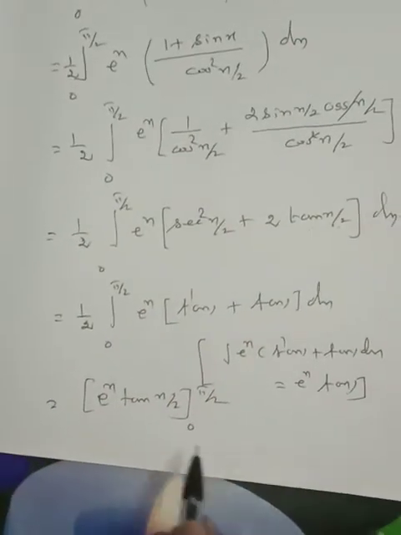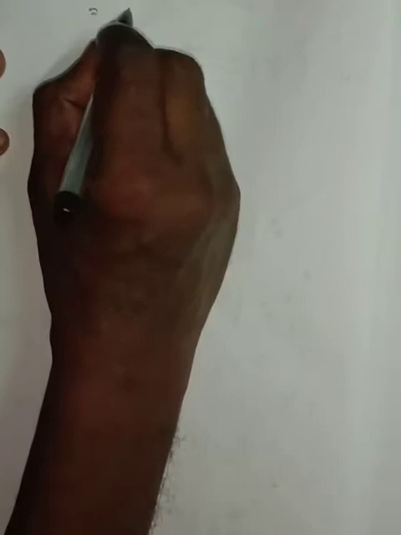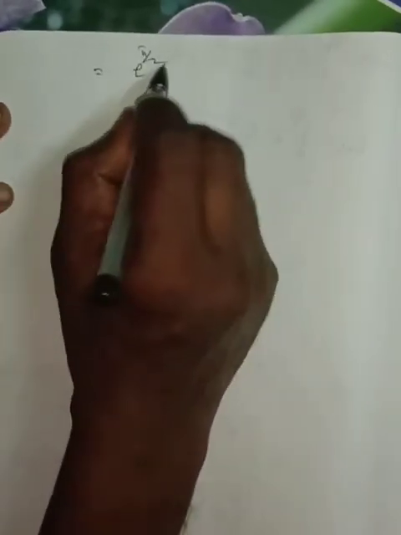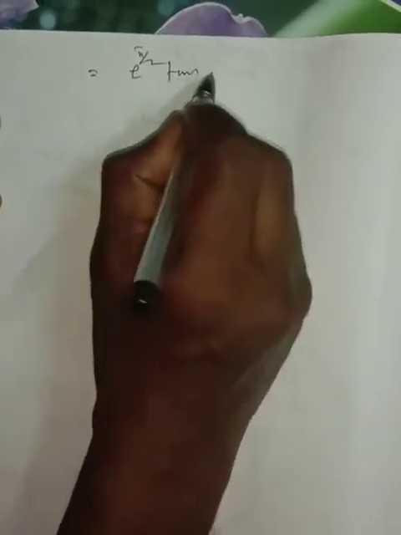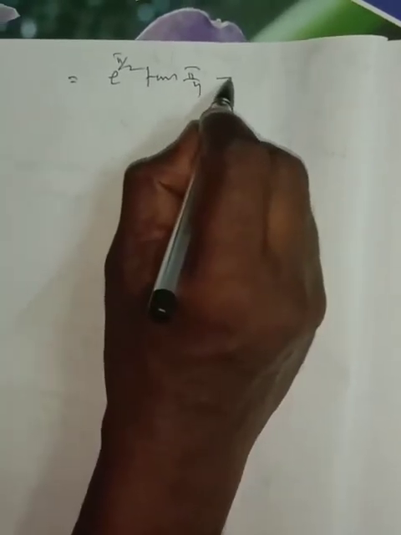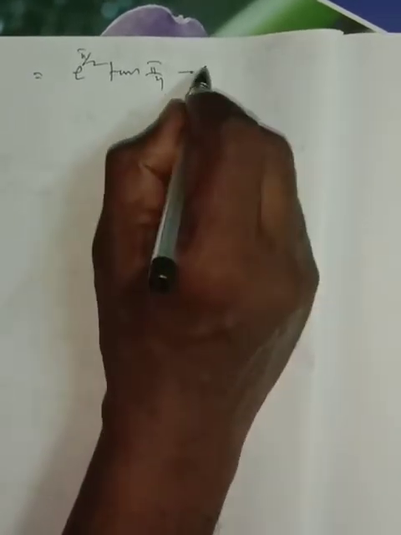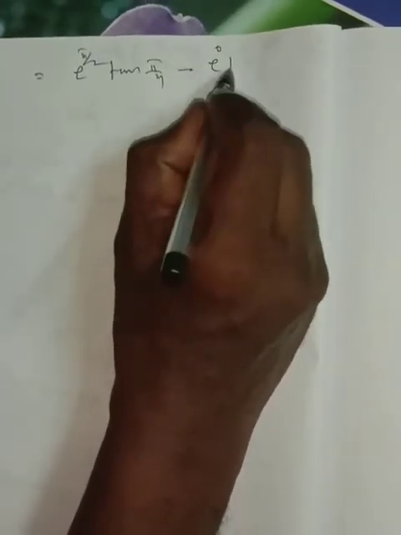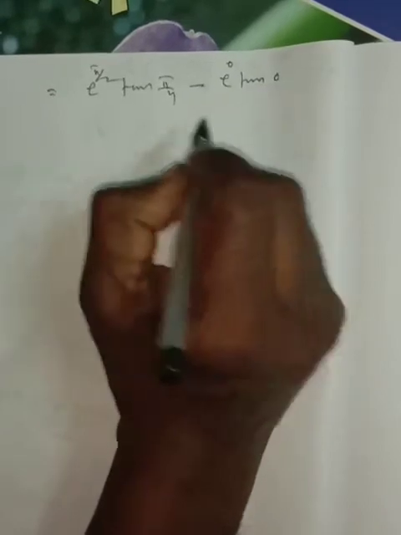Okay. Now apply e to the power of pi by 2 tan pi by 4 minus, lower limit, apply e to the power of 0 tan 0.